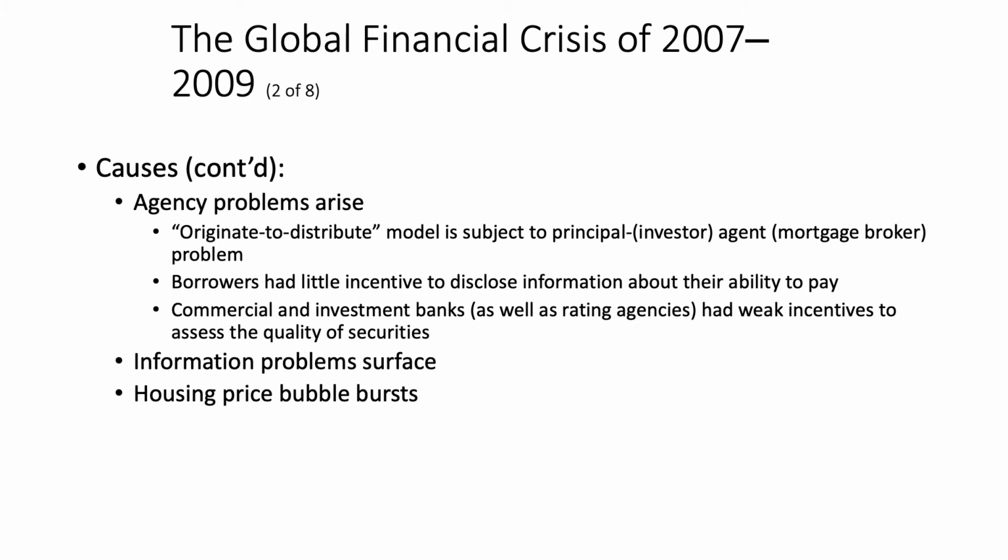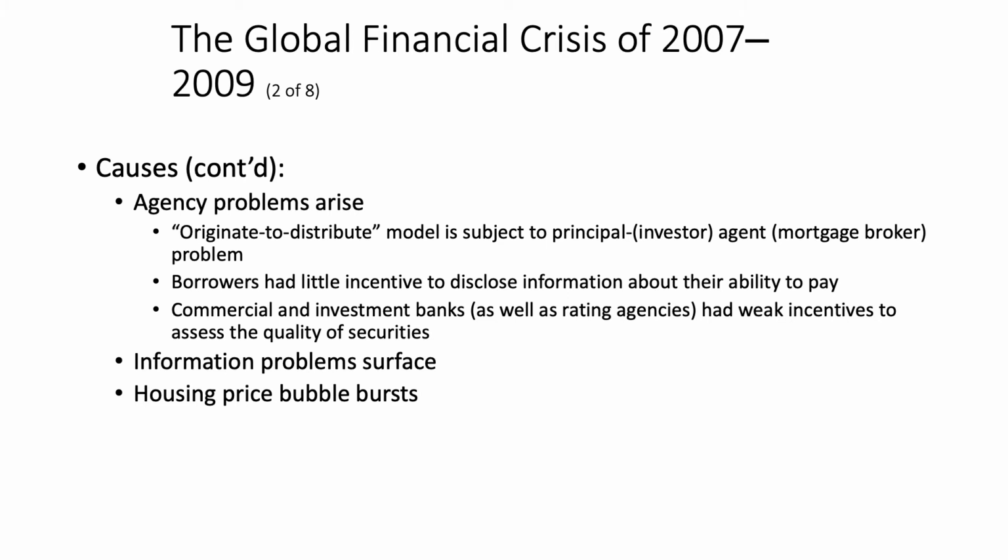Now, in this sort of model, when you make a loan to an entity as a bank, you assess the likelihood that they're going to pay you back, you assess their creditworthiness, and every month that entity pays you back. And because they're an asset on your balance sheet, you go through a lot of due diligence in making sure that the entity is a good borrower, because you don't want them to default on you. It could cause you to go insolvent.